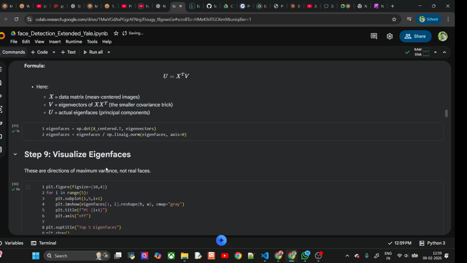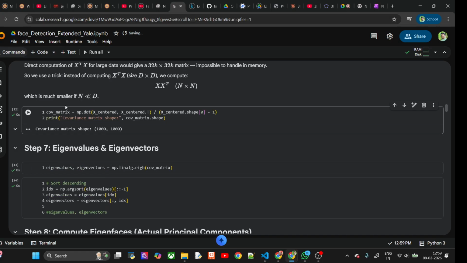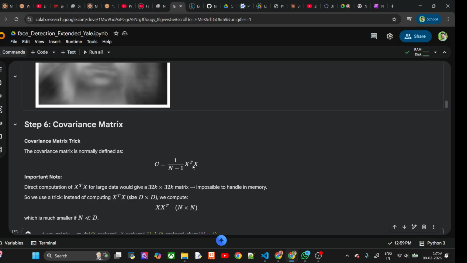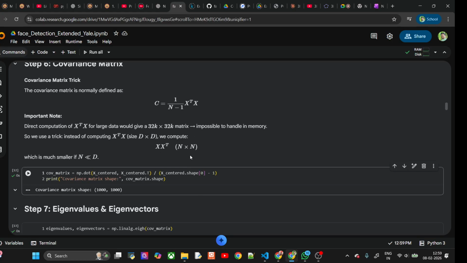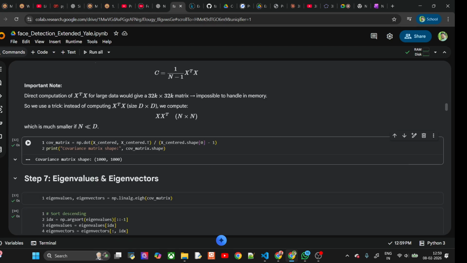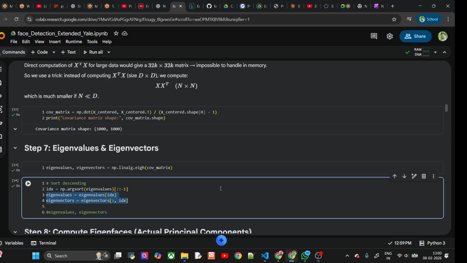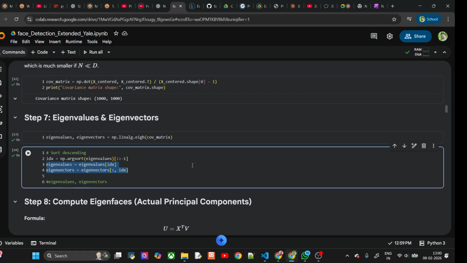Covariance matrix C: instead of the d cross d matrix, I am calculating an n cross n matrix here, using this formula. Once I get the covariance matrix, I calculate the eigenvalues and eigenvectors. From the exam point of view, they will ask what the eigenvalues and eigenvectors are.